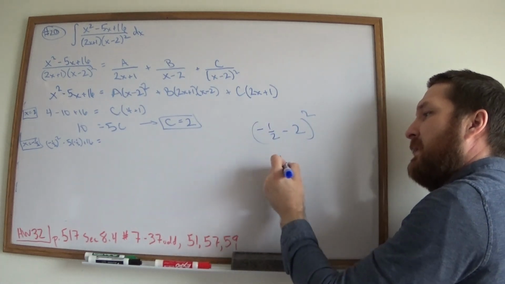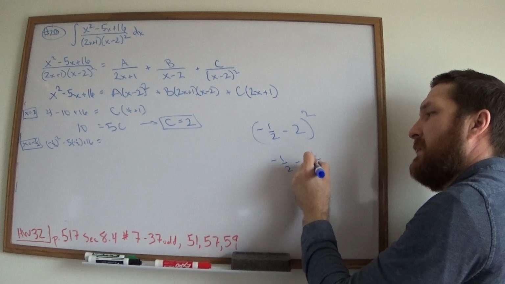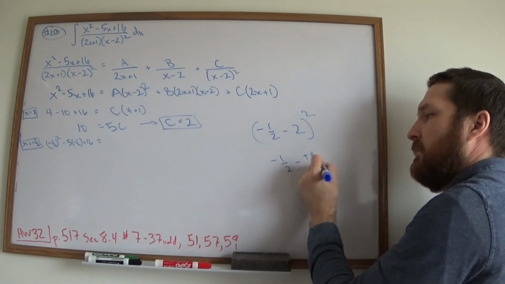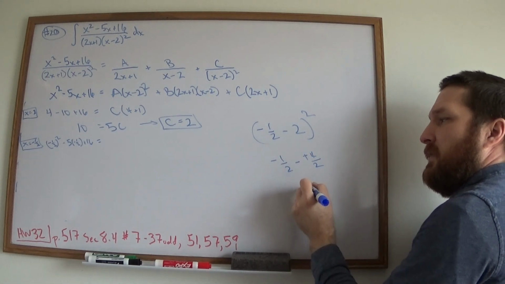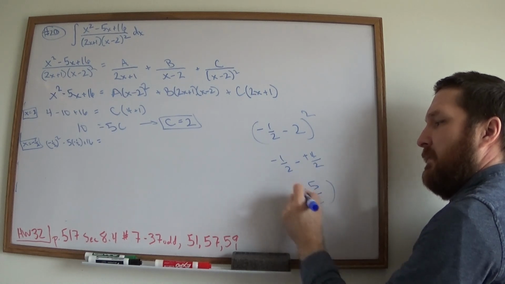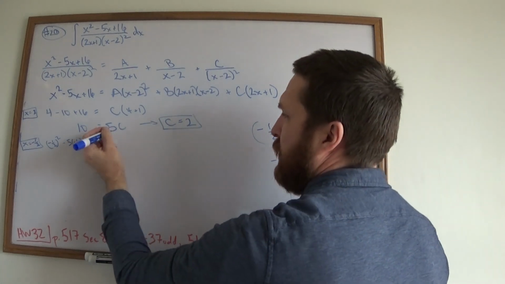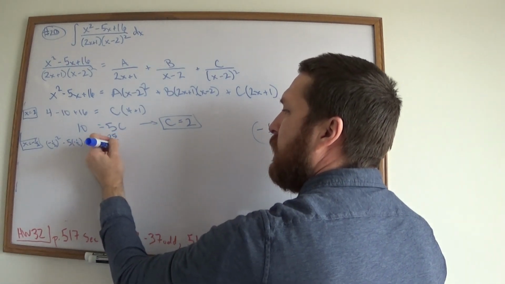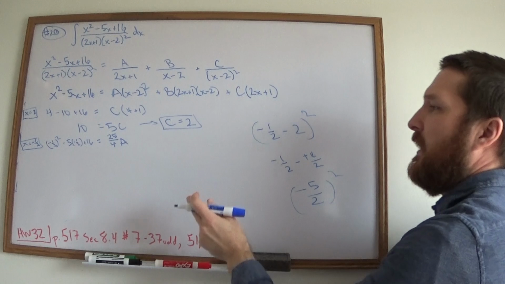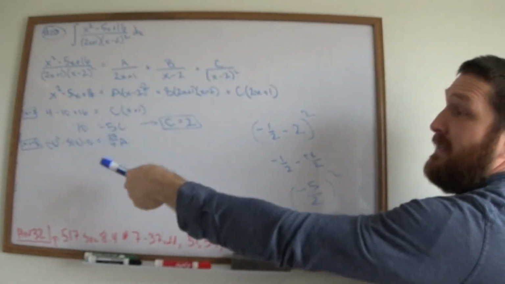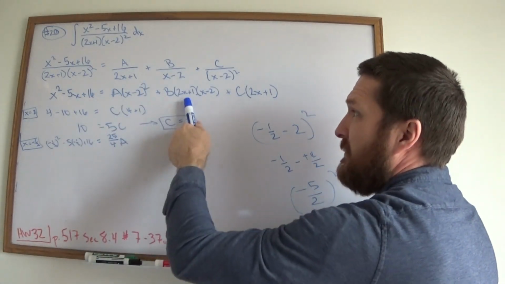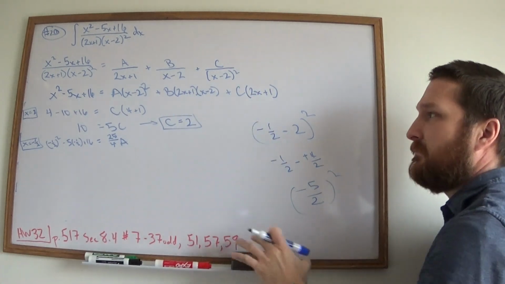It's the same thing as that, so that's negative 5/2. Squared is 25 quarters. So 25 quarters times A, and then those terms are gone, by design. That's why we chose that.